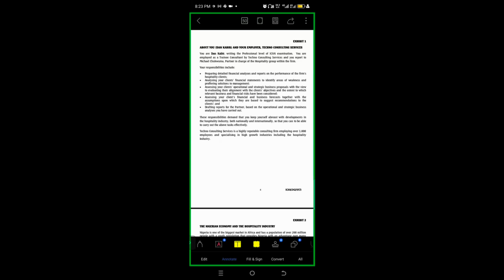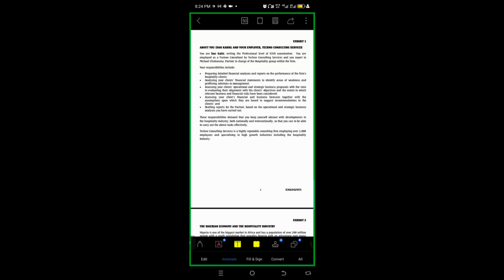Your responsibilities include: 1. Preparing detailed financial analysis and reports on the performance of the firm's hospitality client. 2. Analyzing your client's financial statement to identify areas of weakness and providing solutions to management. 3.